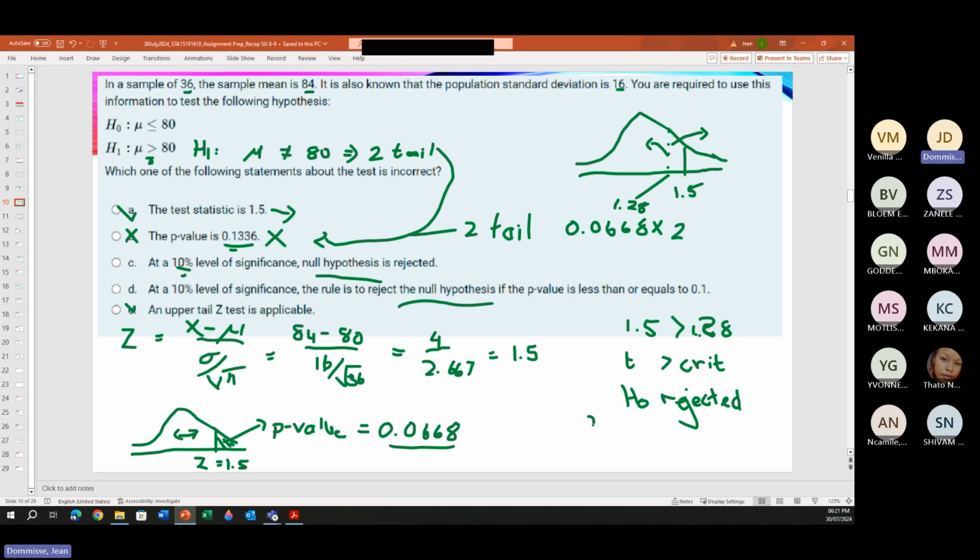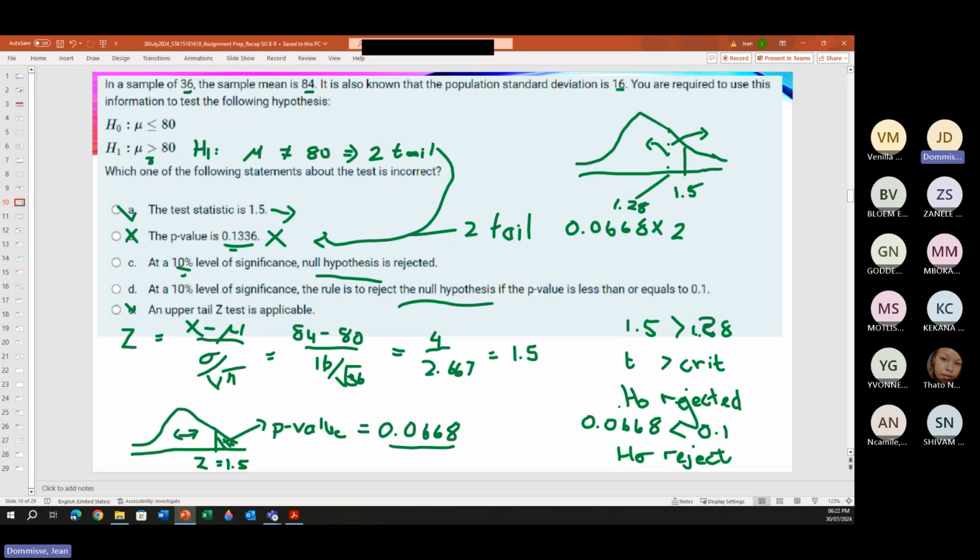The other one is to say, well, look at your p-value, 0,0668, and now it's just the opposite. It's smaller than 0,1. So because of that, the H0 is rejected. Because it's a bigger t-stat, it will mean that your p-value becomes smaller. So that will always go hand in hand.